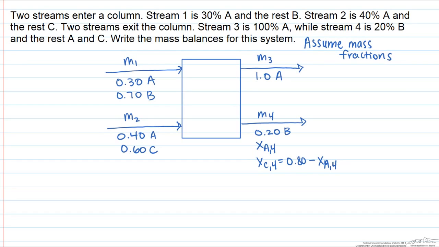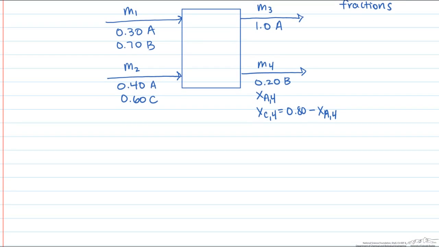And we'll start with A. So the amount of A that comes in is 30% of M1 plus 40% of M2. And exiting, we have 100% of M3, or just M3, plus our x sub a times M4.